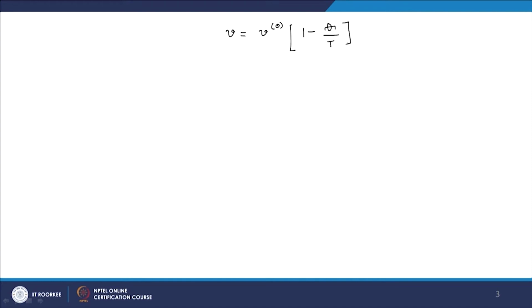This works in many cases, and this will of course be equal to 0 at T equal to theta. This explains why we call ideal chain as a theta solvent. And of course, this will be higher than 0 for T higher than theta.